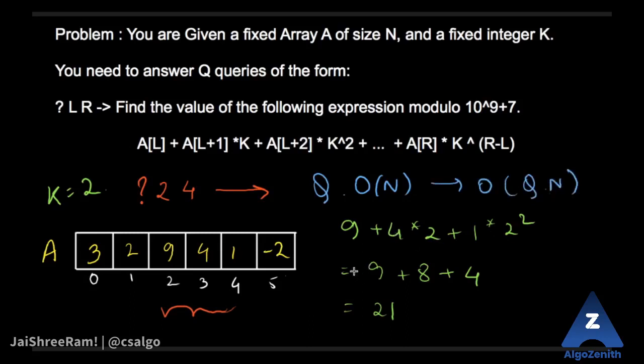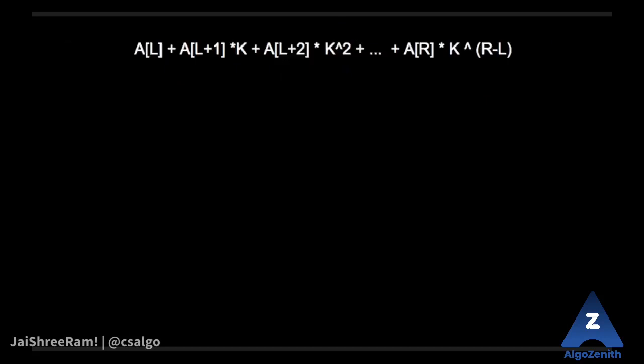So how do we do that? Let's look at the expression carefully. First of all, we'll write this in a generalized summation notation. Let's say we write it as the sum for I equal to L to R of A of I. And what do we multiply with A of I?